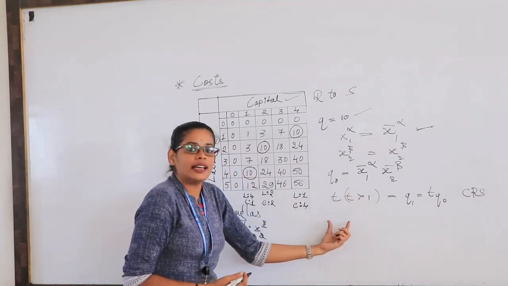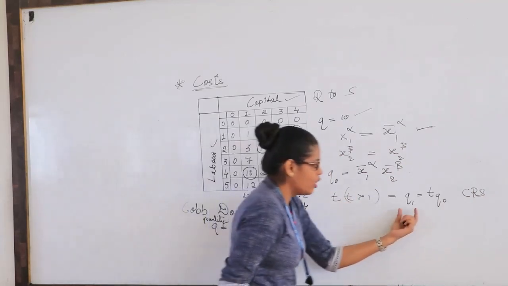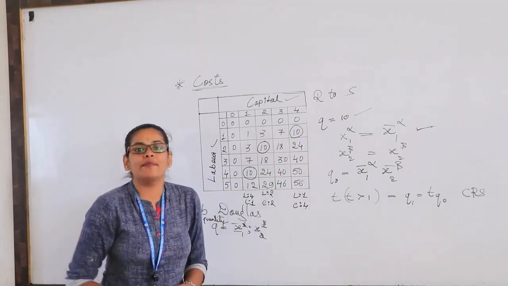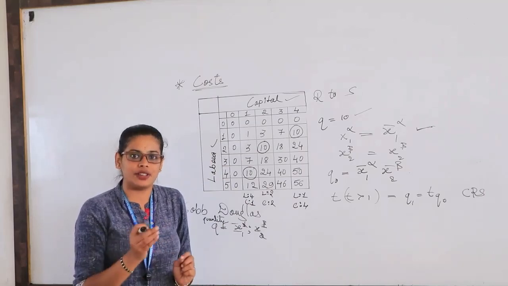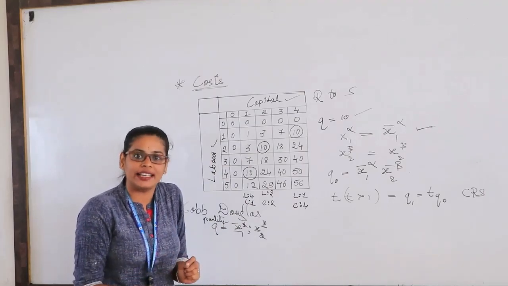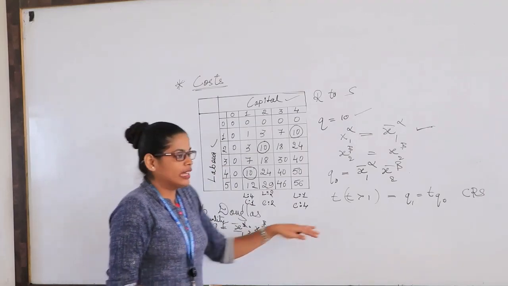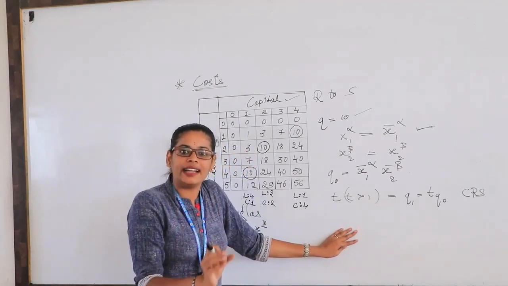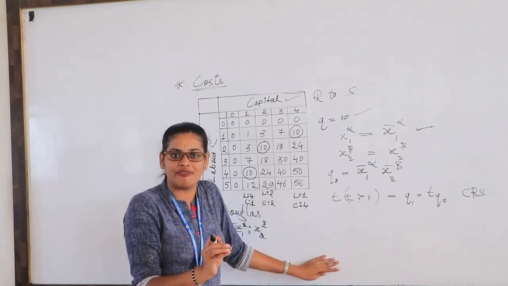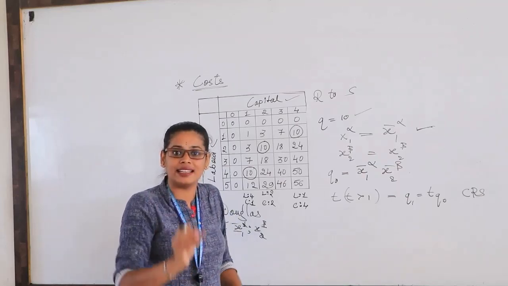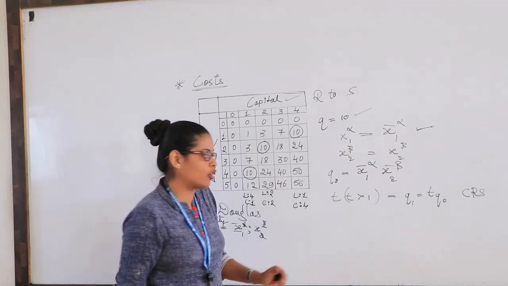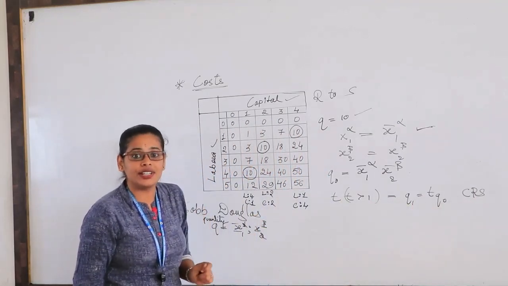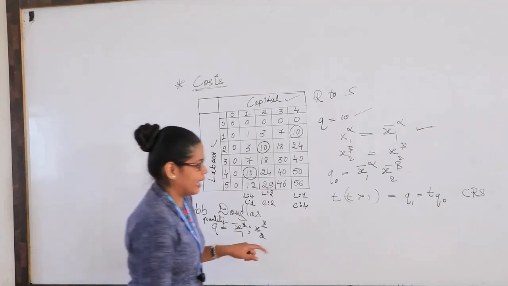Why we call it constant returns to scale is that whatever changes you have made in the inputs, the same amount of change is what you are getting in the output, okay? So there is a constant change in the input, and whatever change you have made in the input has impacted the same ratio in the output. So that's the reason we call it constant returns to scale.